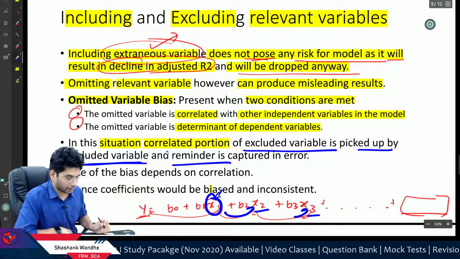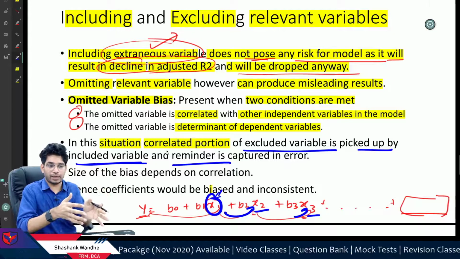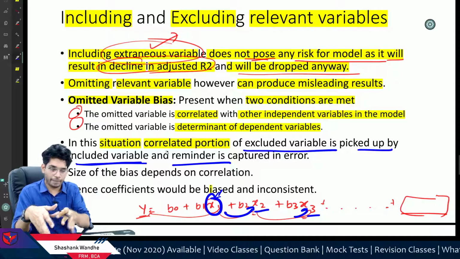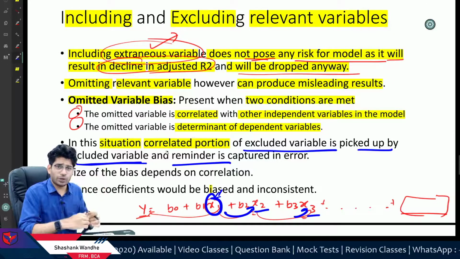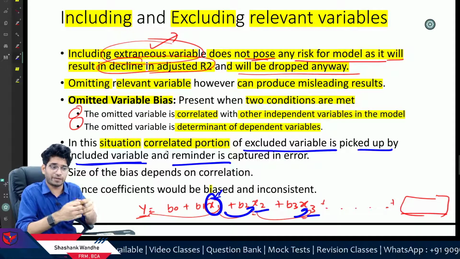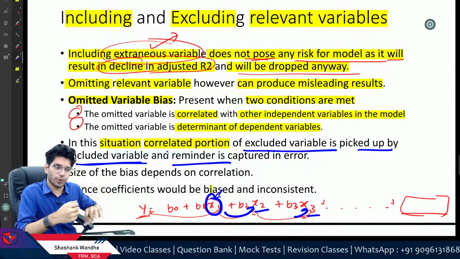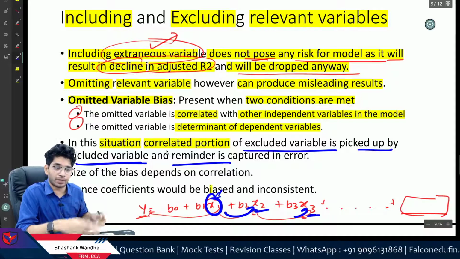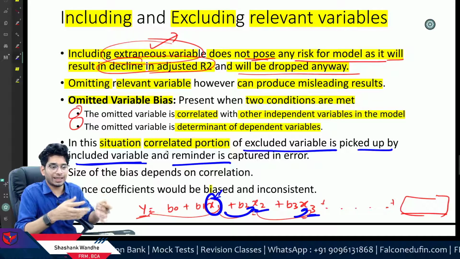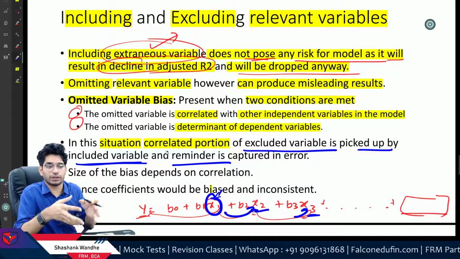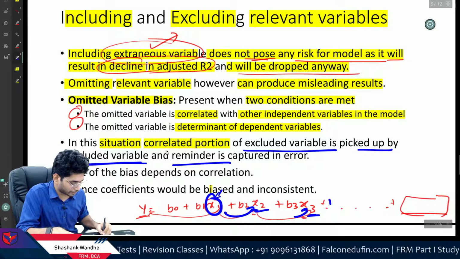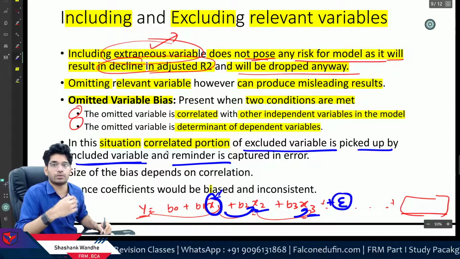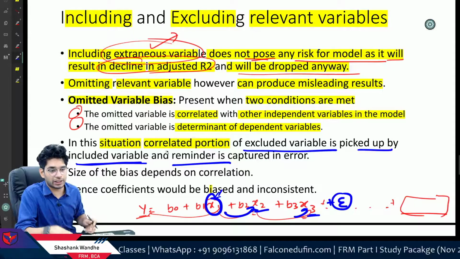See, x1 creates an effect on y. But if you drop x1, there will be two portions. The correlated portion will get merged with x2 and x3 in your model, and the remaining portion will be captured in your error. So it will bloat your error.